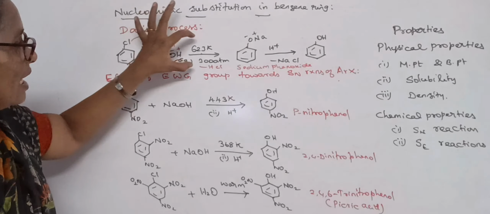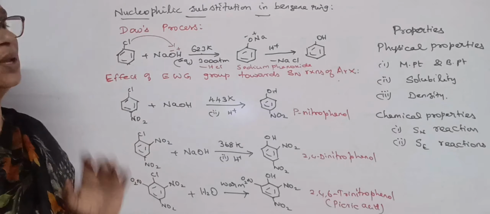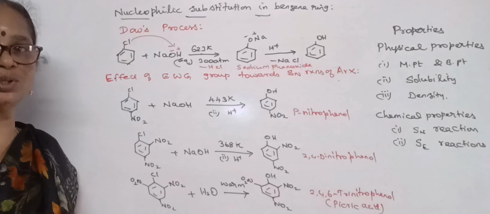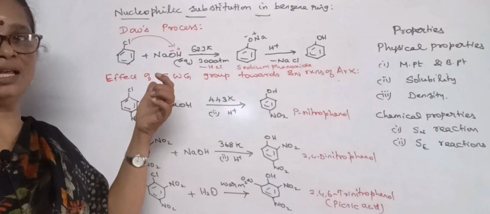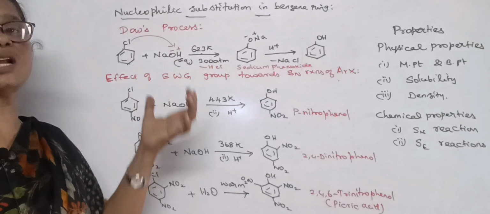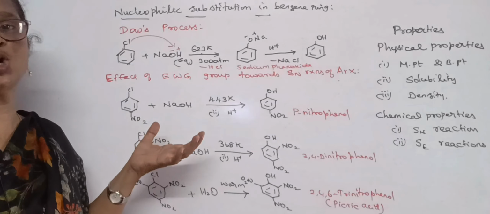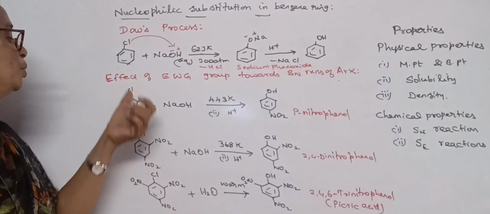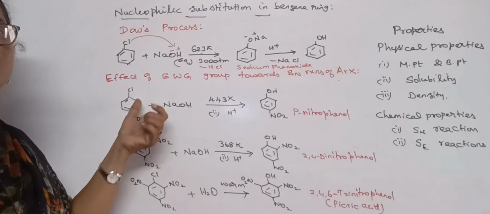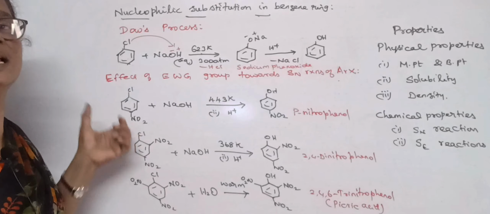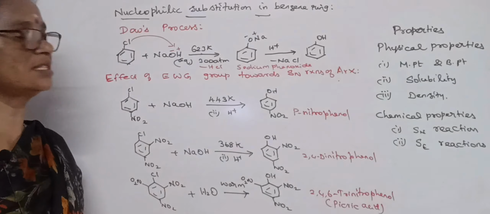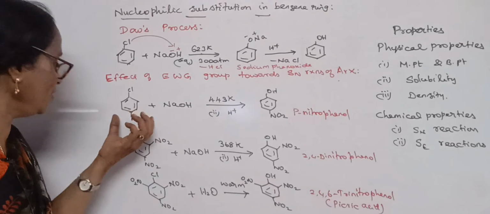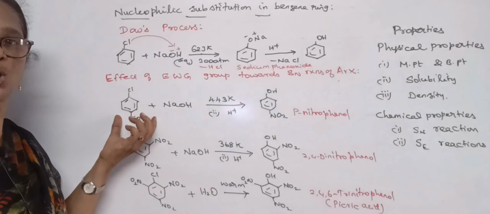The vigorous conditions of temperature and pressure can be reduced by introducing an electron withdrawing group in the ring. When an electron withdrawing group like the nitro group is present, its position, whether ortho, para or meta, greatly influences the nucleophilic substitution reaction. See, we have para-nitrochlorobenzene.